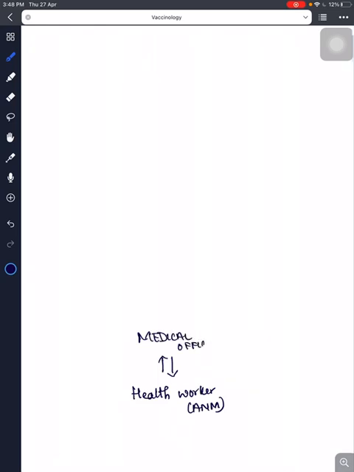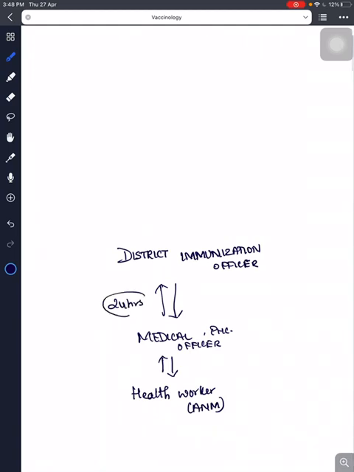So it starts from the health worker, that is ANM, to the medical officer in the PHC. It should be reported from the medical officer to the district immunization officer within 24 hours.